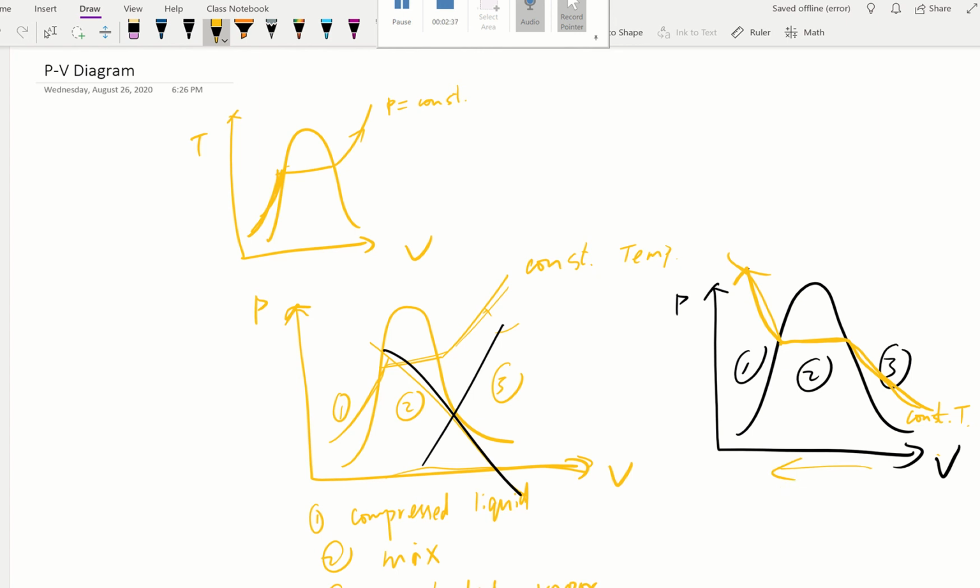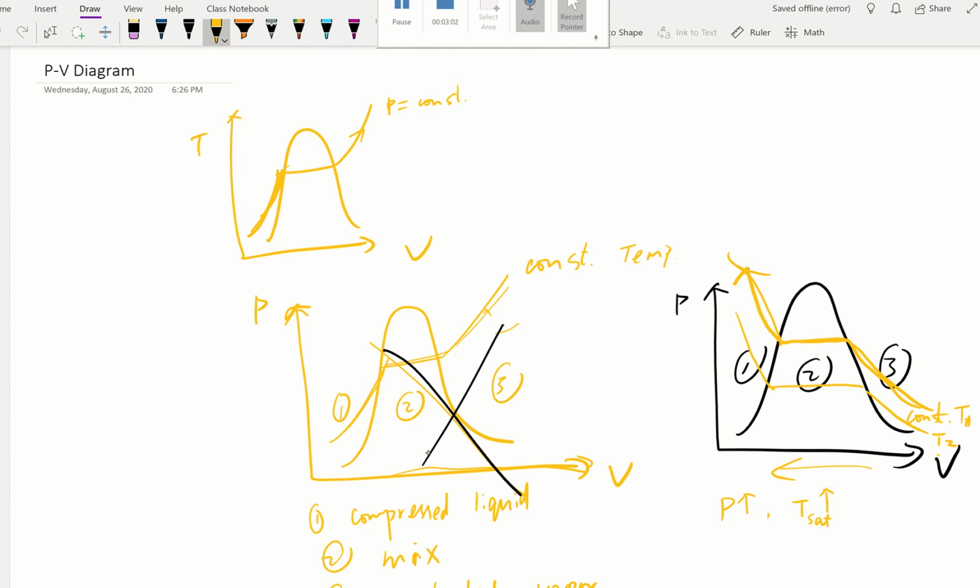Now if we draw another temperature like that, that's T2, and this is constant temperature T1 and T2. Remember, when pressure goes up, the boiling temperature, the saturated temperature, should go up.